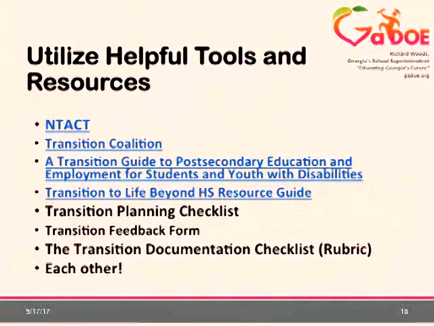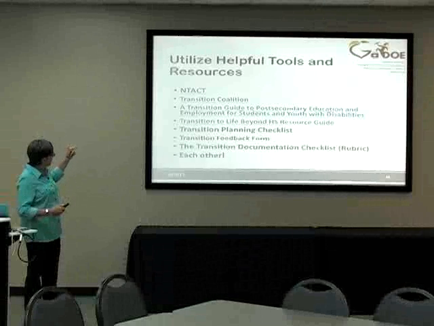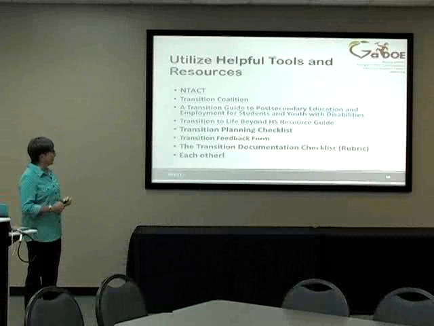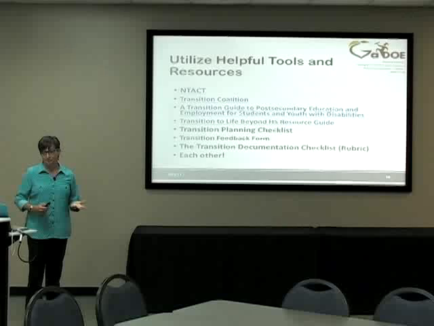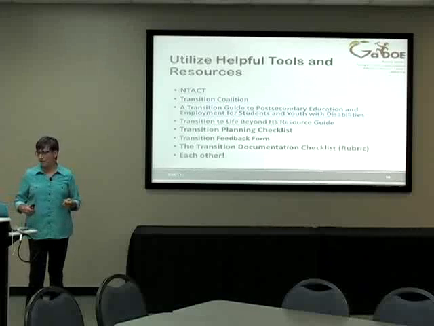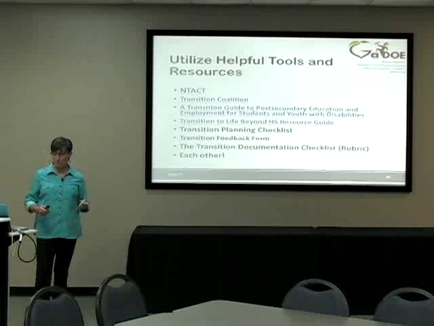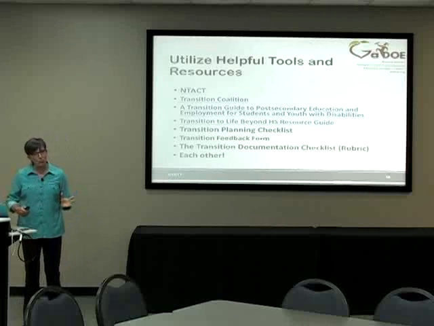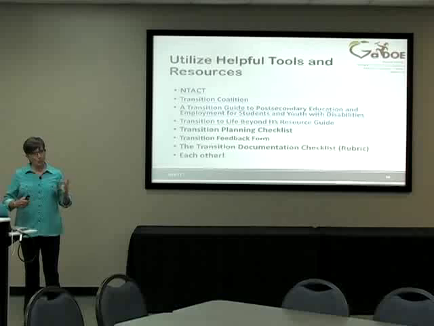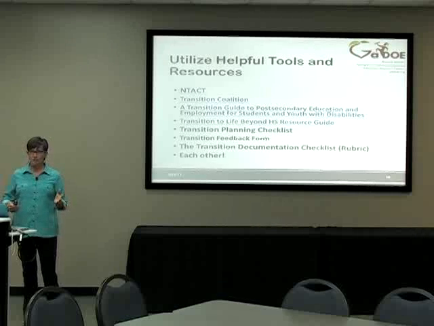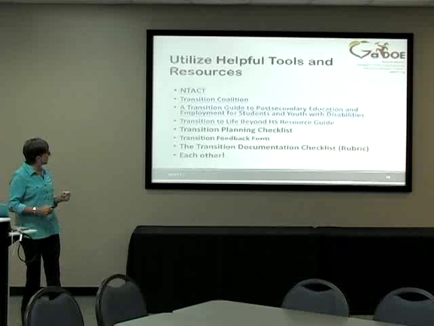So there are a lot of different tools and resources out there beyond this training session and beyond these handouts that I've given you. The first 4 things on this bulleted list are websites that you can go to. And NTAT stands for National Technical Assistance Center on Transition. I will tell you that this website contains a wide array of resources and information, including toolkits on a variety of transition-related topics.